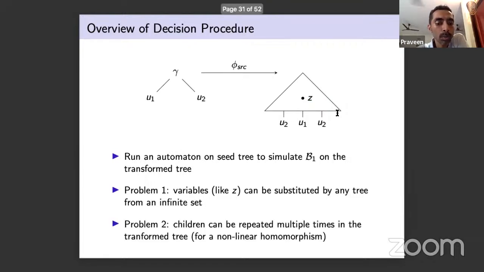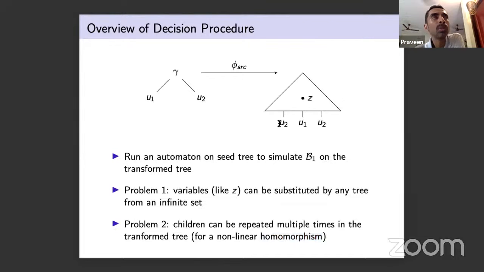And the second problem is that children can be repeated multiple times in the transform tree. Right? So here, for example, you have 2 copies of U2 in the homomorphic image. Right? And I'm talking in general for a nonlinear homomorphism. So for various purposes, people have studied restrictions of homomorphisms where you don't allow these repetitions.